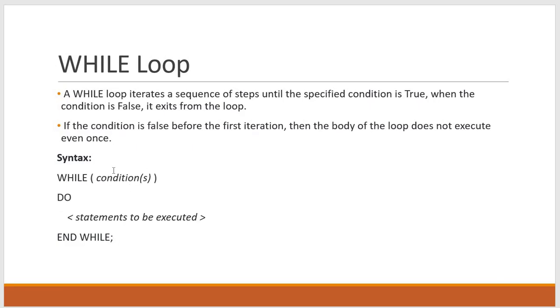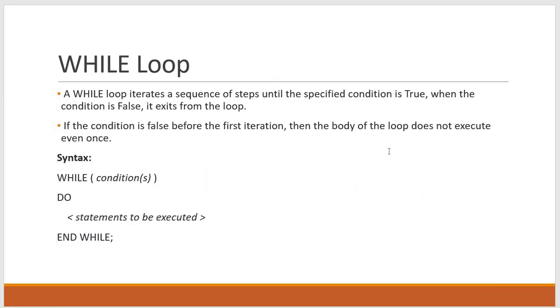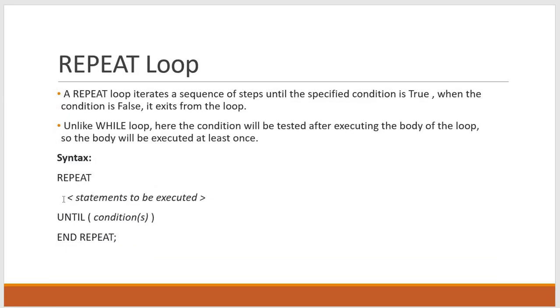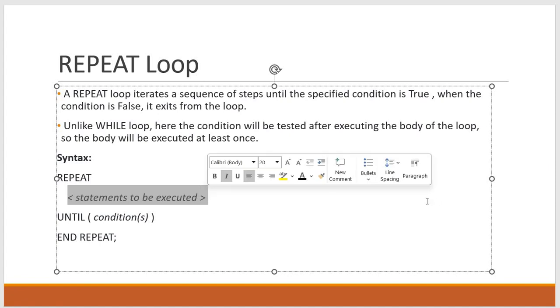In while loop, the condition will be tested first, and based on the condition result, the list of statements will be executed. But here, after the statements are executed for the first time, it will validate the condition. That means the list of statements will be executed at least one time.